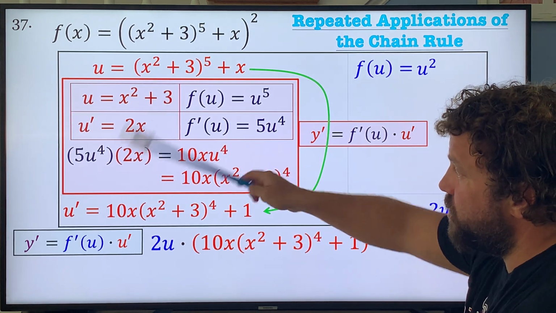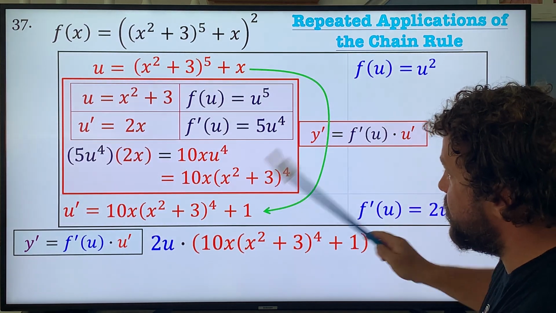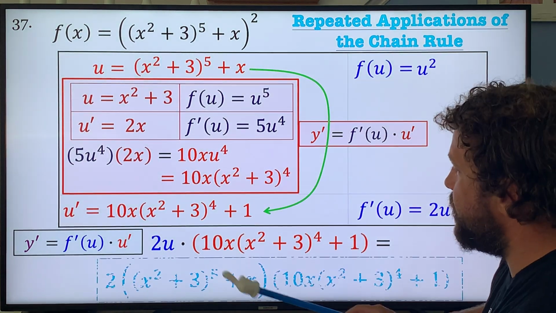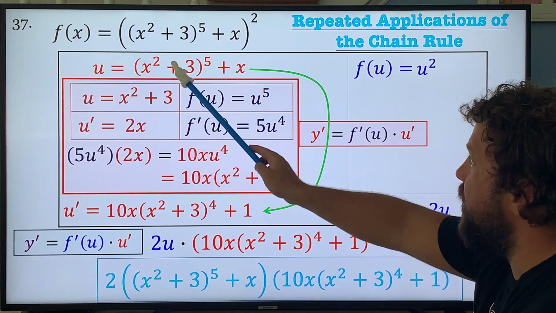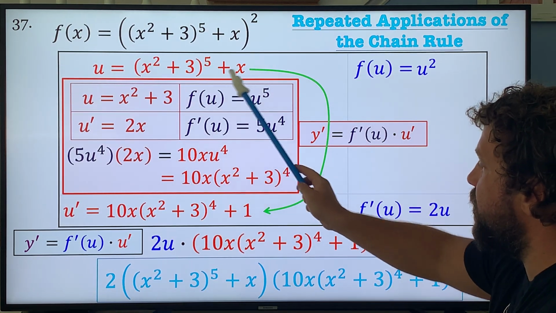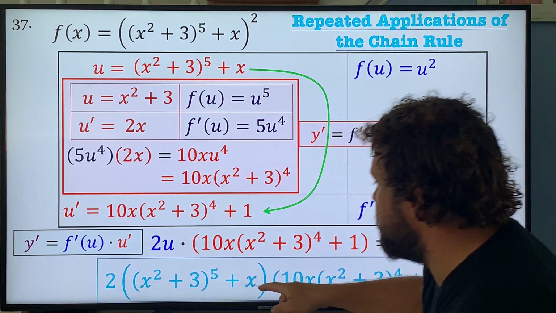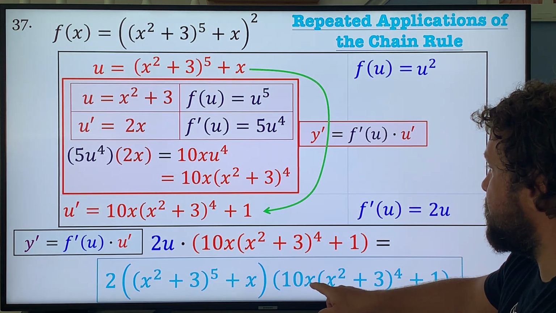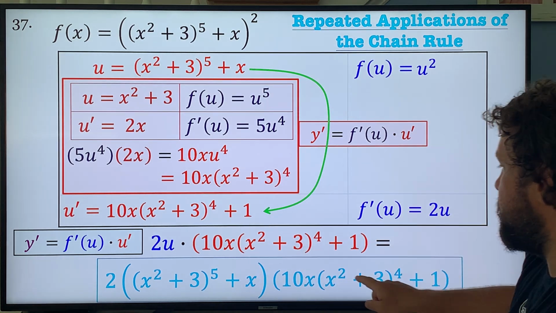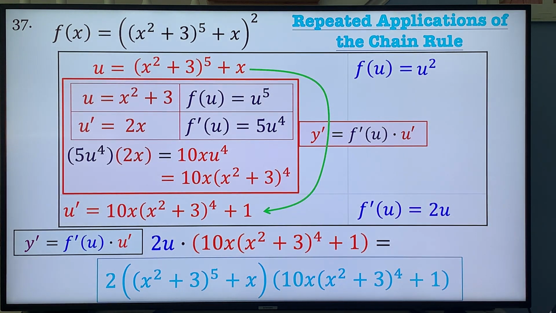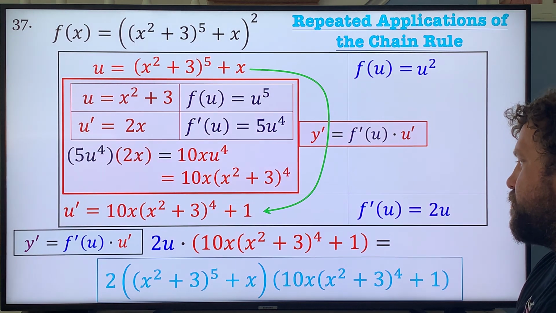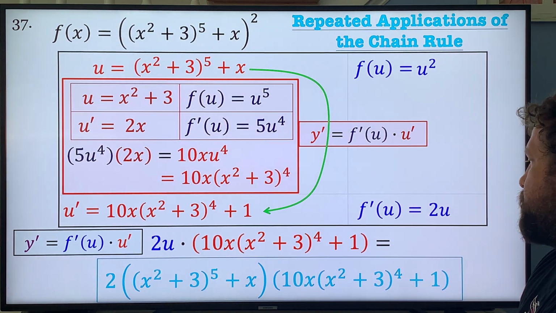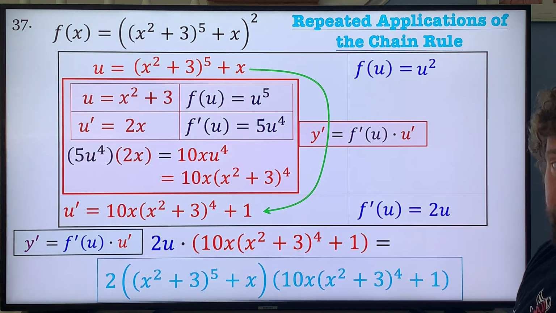Not this one. Once I find this stuff down here, all the shaded part is done. So I replace it with my original u. So 2 times x squared plus 3 to the fifth power plus x. 2 times that. Times 10x. X squared plus 3 to the fourth power plus 1. That's it. Pretty easy, right?